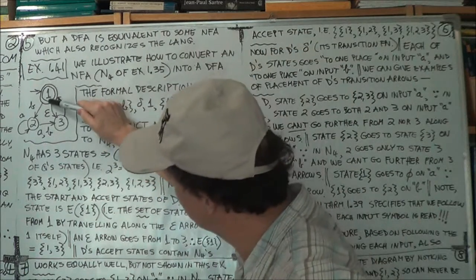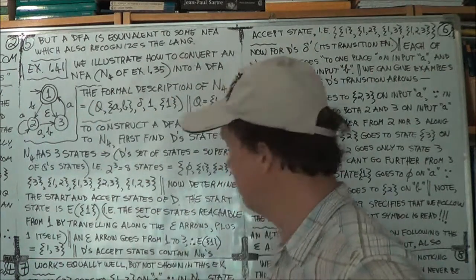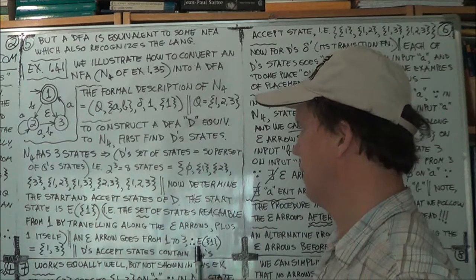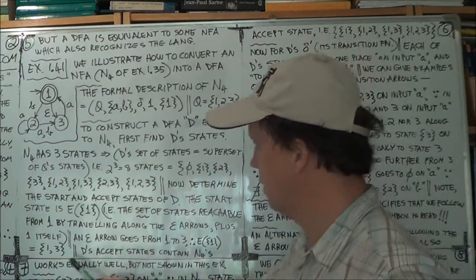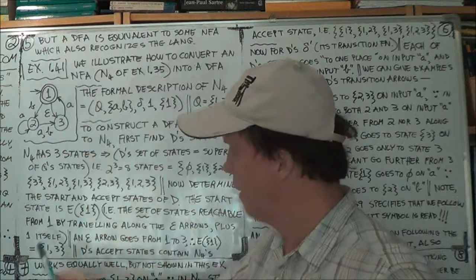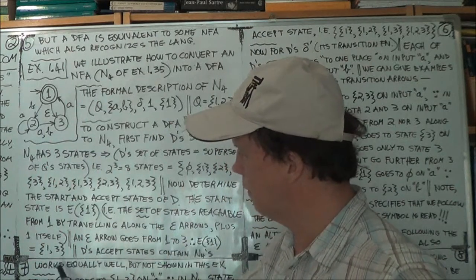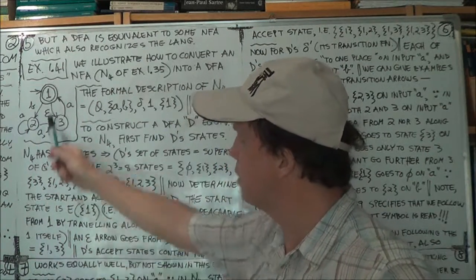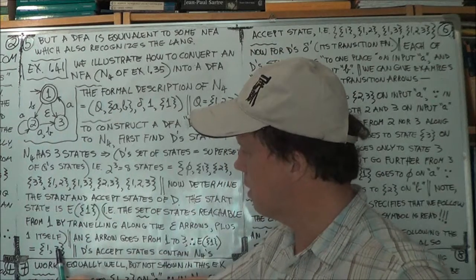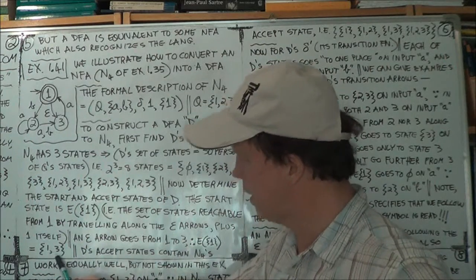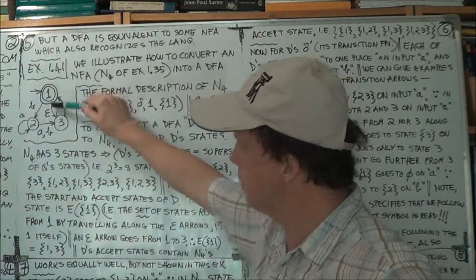Why 3? Because there's an eta arrow pointing to it. That's the definition of this E. So the starting state of your D will be this. That's your original starting state here, and this 3 gets into this set because there's an eta arrow.